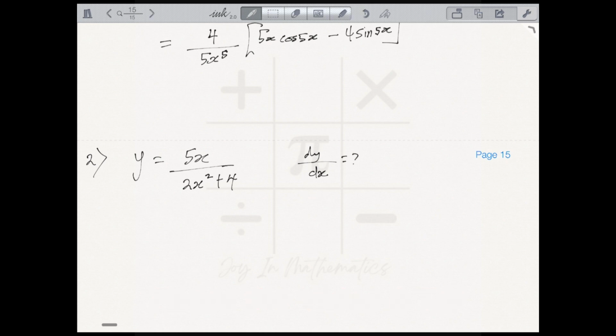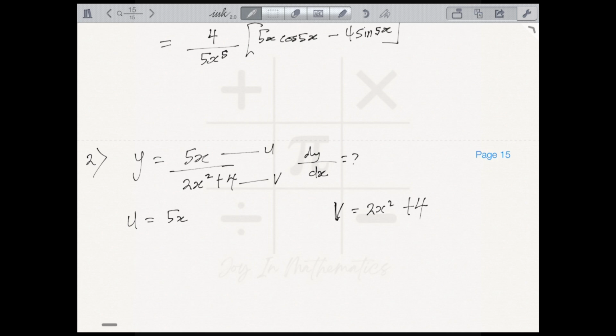Now we can see that this is a quotient, and we have this to be u and we have this to be v, and our u is equal to 5x and our v is equal to 2x squared plus 4.